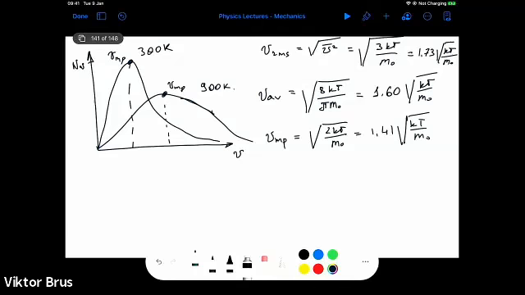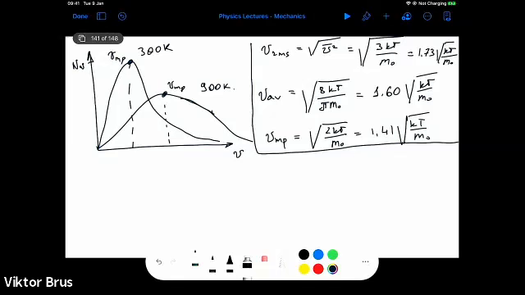So these are three characteristic speeds for an ideal gas, for molecules which form an ideal gas. And it's worth mentioning that similar distributions of energy and speed of molecules are also valid not only for ideal gas, but also, for instance, for liquids.